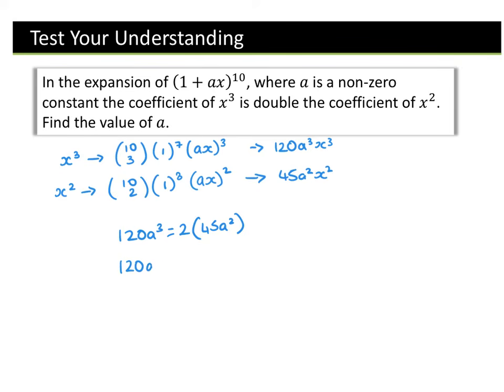So we get 120a cubed equals 90a squared. a cubed equals 90 over 120, which is 3 over 4, a squared. So a equals 3 over 4.